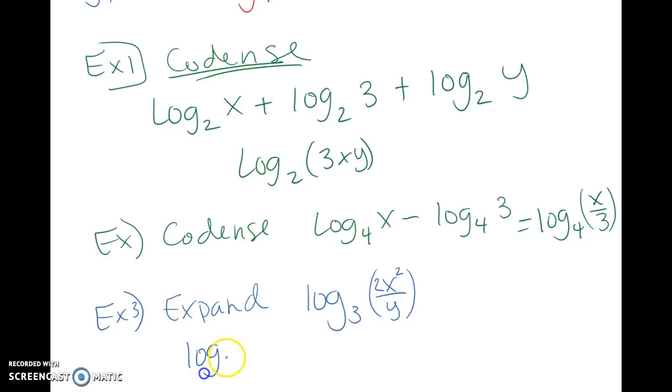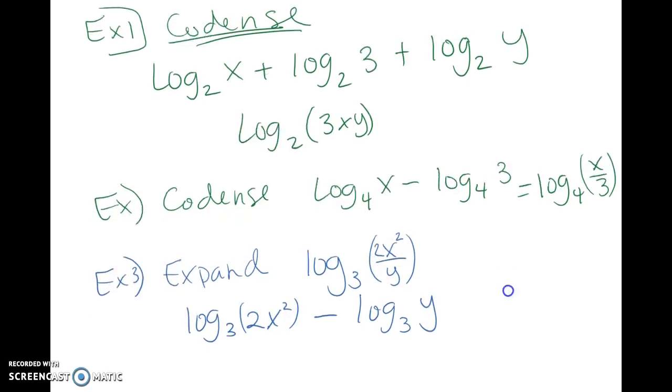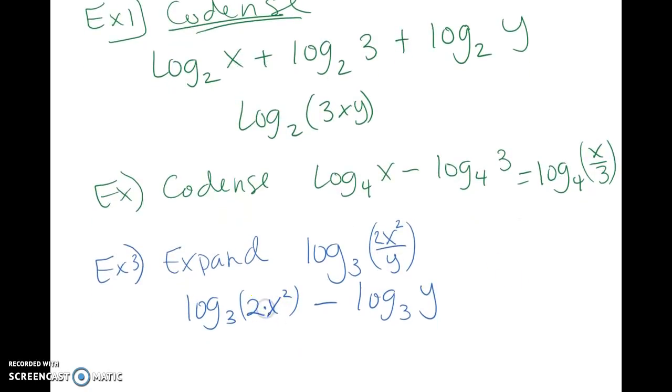And so I would have log base 3 of 2x squared minus log base 3 of y. Now how do I expand this? I'm going to expand this product using my product property. So that would be log base 3 of 2 plus log base 3 of x squared. And then we still have the minus log base 3 of y.